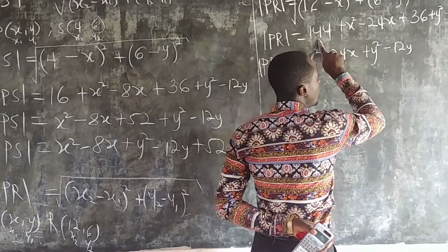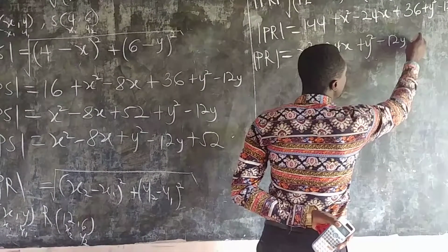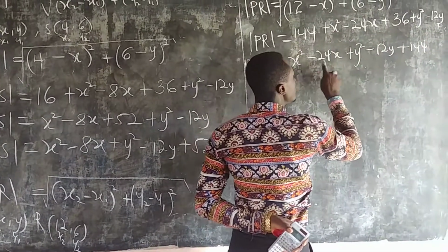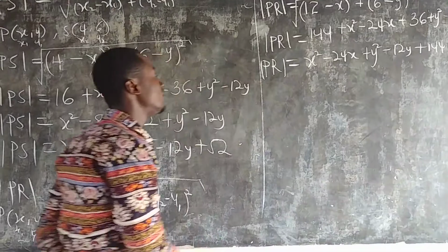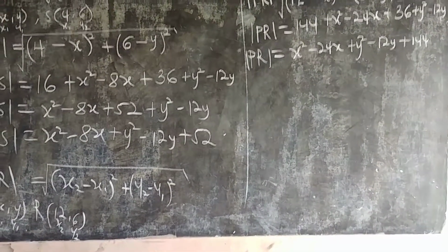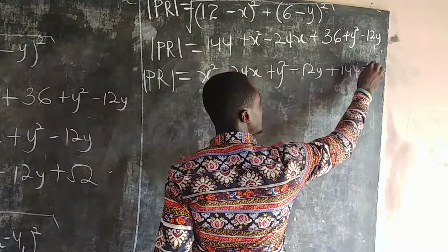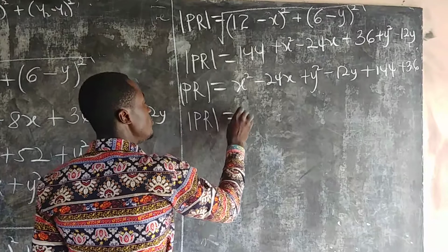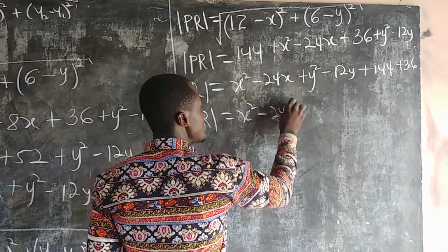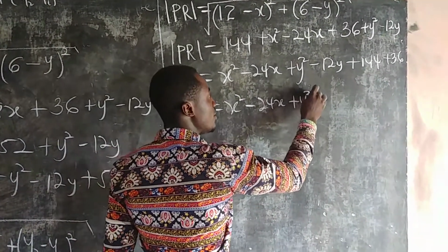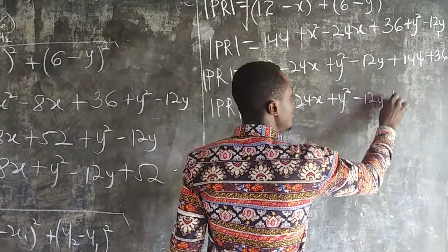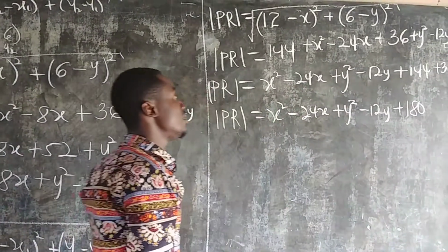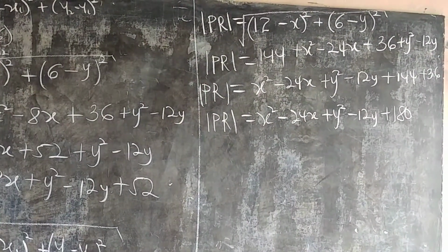Then we have 144 plus 36. So the length of PR will be equal to x squared minus 24x plus y squared minus 12y plus 180. If you add 144 to 36, you get 180. Now let's come back to the question.